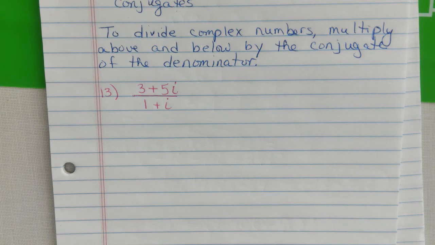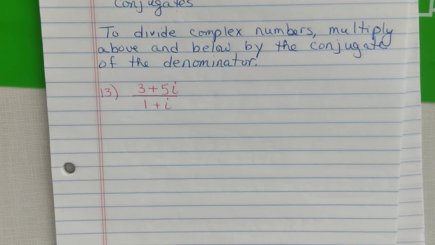Dividing complex numbers. This is the one thing, it'd take a while to figure this out on your own. How the heck, or what are they doing to do this division? You multiply above and below by the conjugate of the denominator.